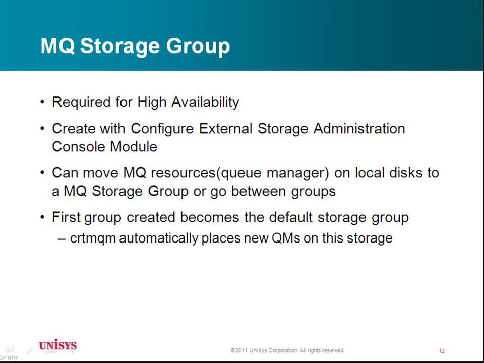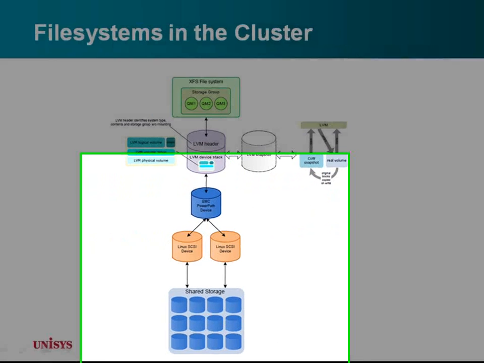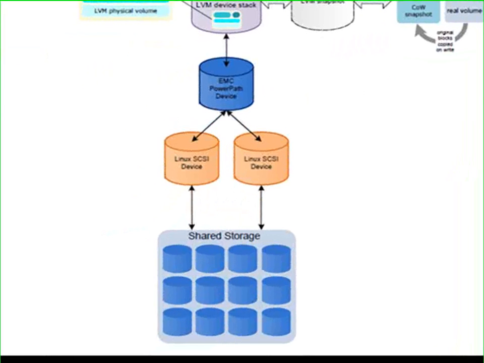The first group that is created on your QProcessor becomes the default storage group. This means anytime a queue manager is created on this system, the system will automatically place the queue manager on this storage group.